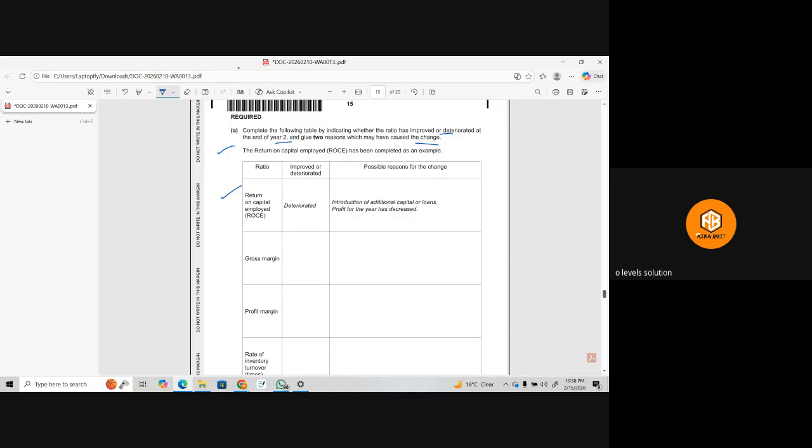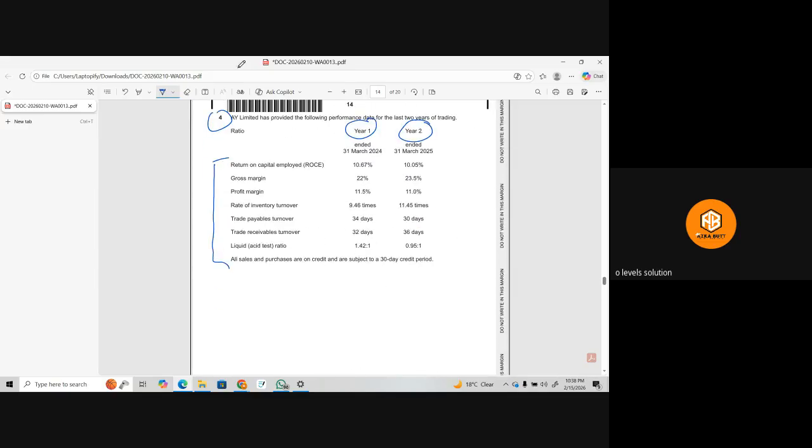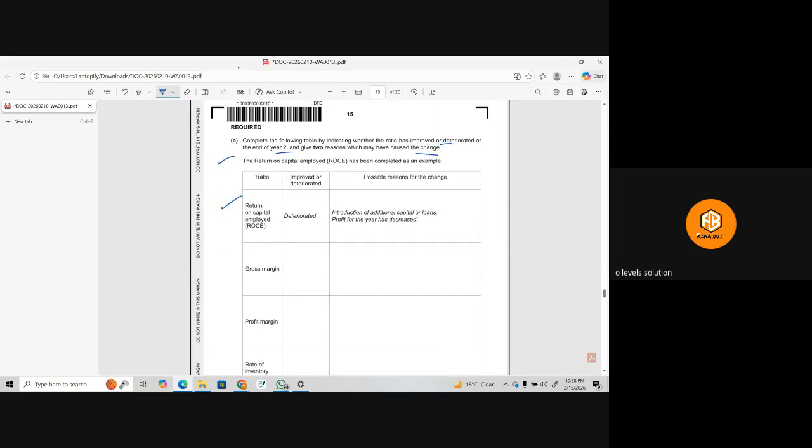So first of all, let's see return on capital employed. As you can see, the return on capital employed was 10.67% in year one, and now this is 10.05%. It means that your return on capital employed has decreased. So what is the reason for that?